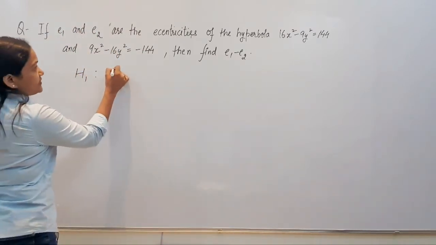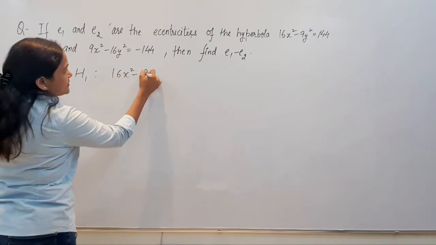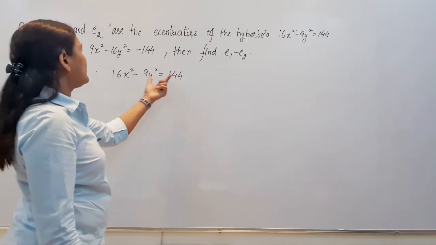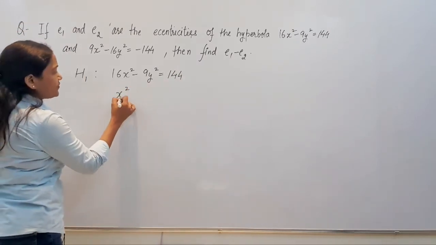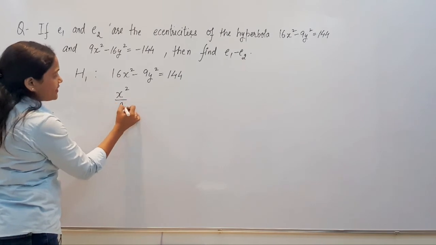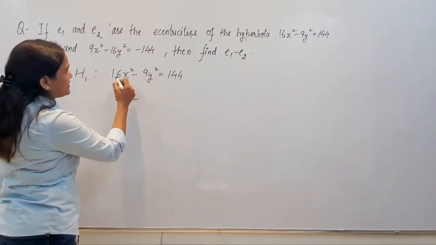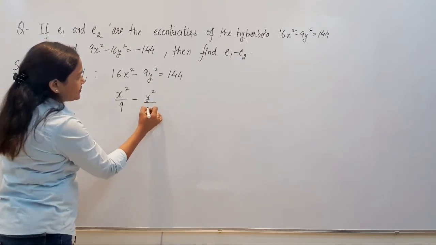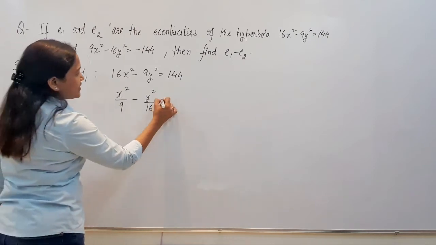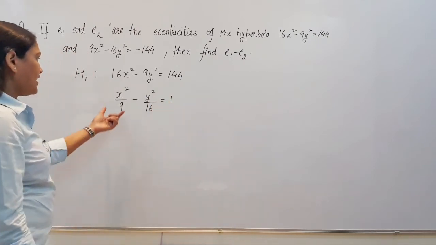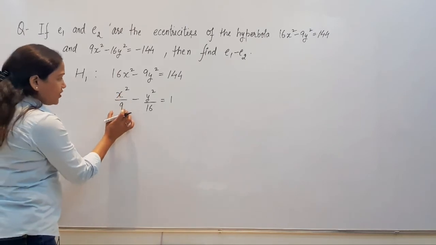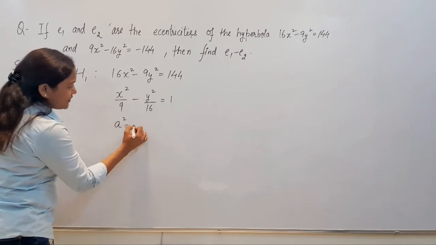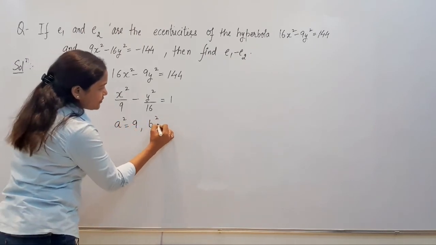Your first hyperbola is 16x square minus 9y square is equal to 144. अगर आप 144 से इस इक्वेशन को डिवाइड कर देते हैं, you are going to get x square upon 9 minus y square upon 16 is equal to 1. And for this hyperbola, transverse axis is along x axis, a square will be equal to 9 and b square is equal to 16.